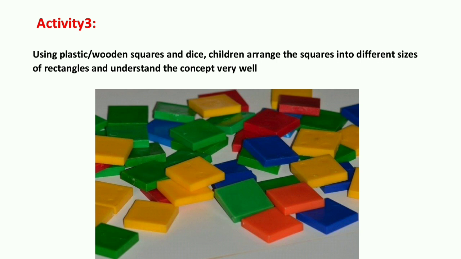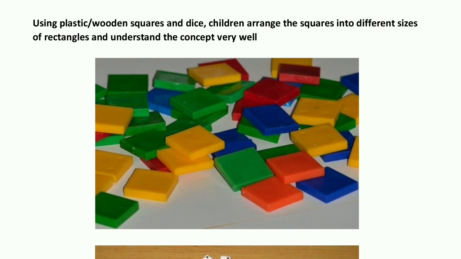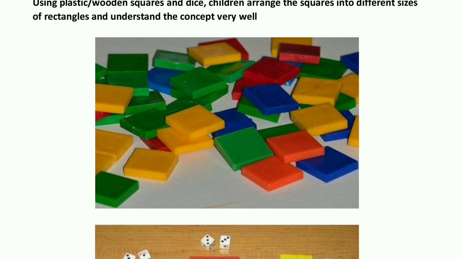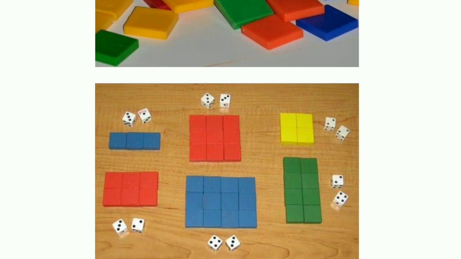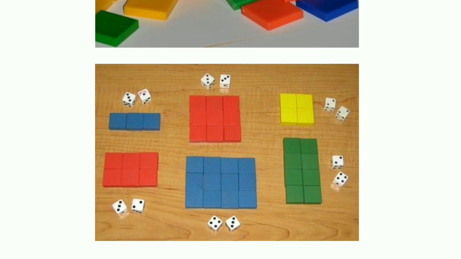The last activity. Here I am going to give them some square shaped plastic or wooden squares and they have to arrange them into rectangular shapes, and they have to show two dice here, length number on one dice and width number on another dice.